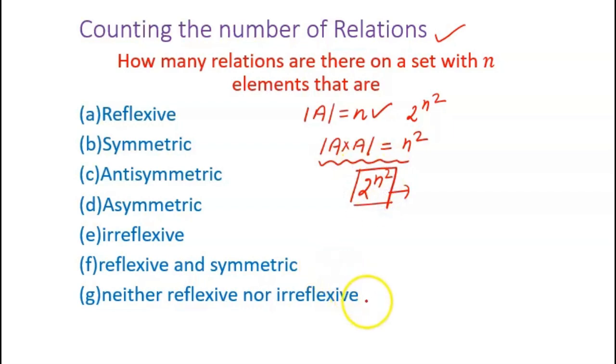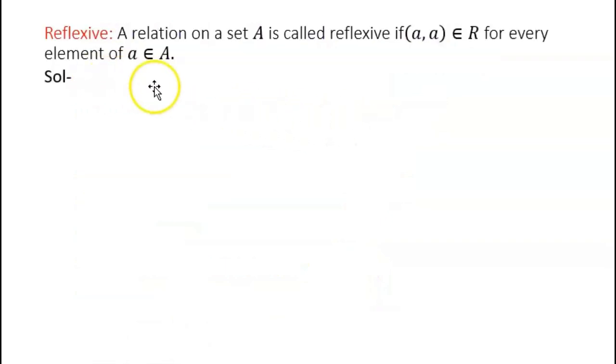One more thing that I want to talk about is how to write the matrix representation of a relation. I have discussed it in detail in the previous video, but for your quick reference, I am going to quickly highlight how to represent a relation through a matrix.